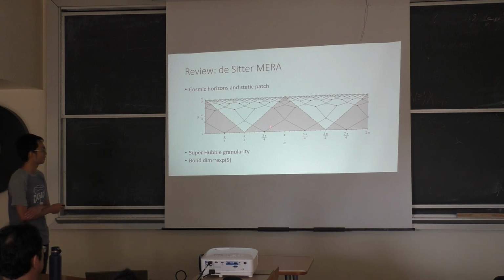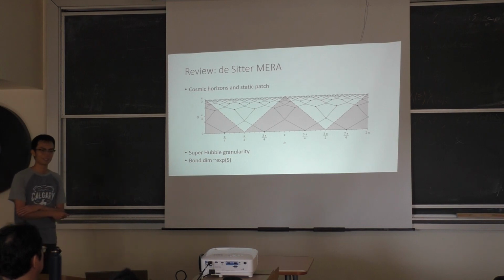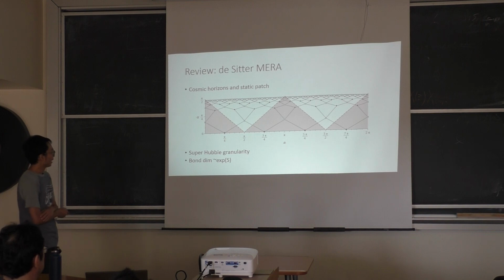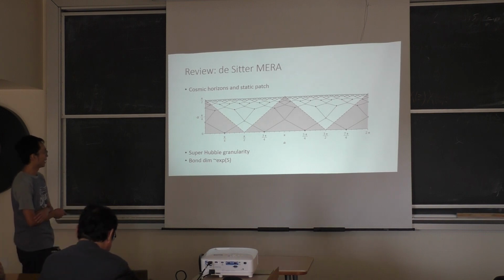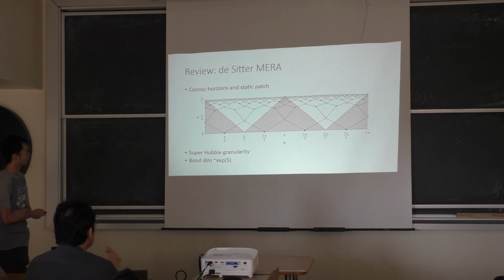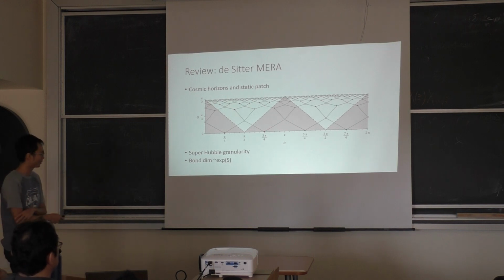And another feature that we notice is that the MERA is very coarse-grained. Each of these tensors is actually at Hubble scale granularity, so the size is the Hubble time and Hubble radius. And each bond dimension, in order to make it match onto the de Sitter space, you really need to take each edge or each qubit to have a very large dimension.